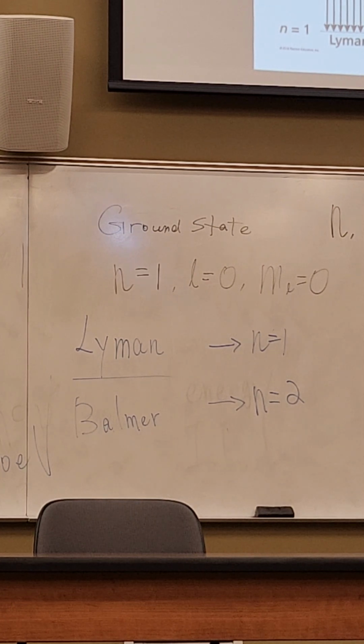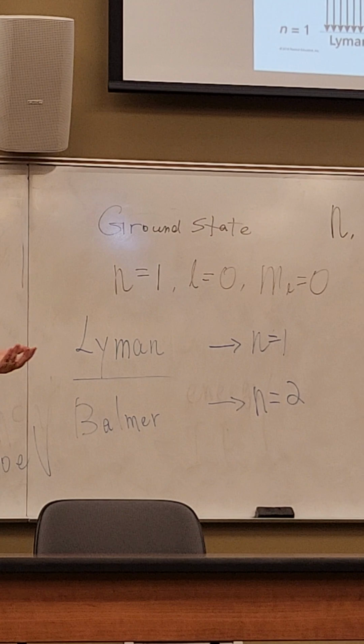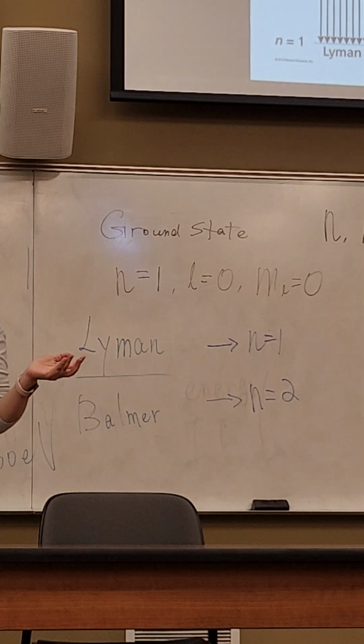Did you see why they have a different color right there? Yeah, because the energy difference equals the energy of the photon, so the emitted light is in a different part of the spectrum, so they have a different color.